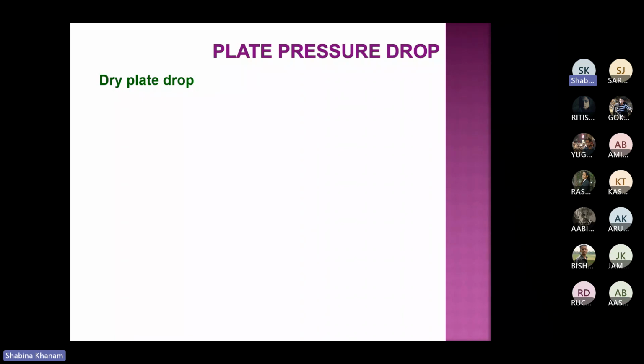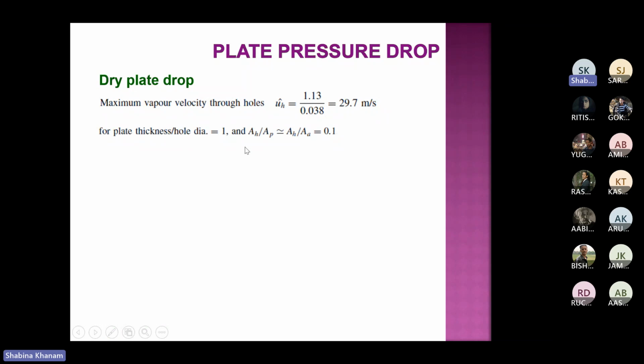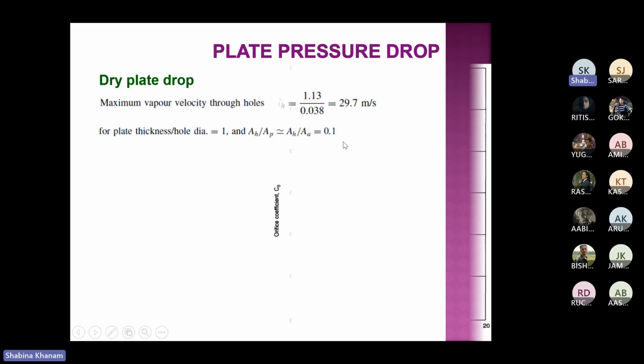So first of all, we need to find out HD, and that includes the vapor velocity through the holes. This is the volumetric flow, and this hole area. Because we need to consider this pressure drop, consider this UH maximum, so that we can deal with the maximum pressure drop. We can calculate the maximum pressure drop. Plate thickness to hole diameter we can consider as 1, and AH by AP we have already seen.